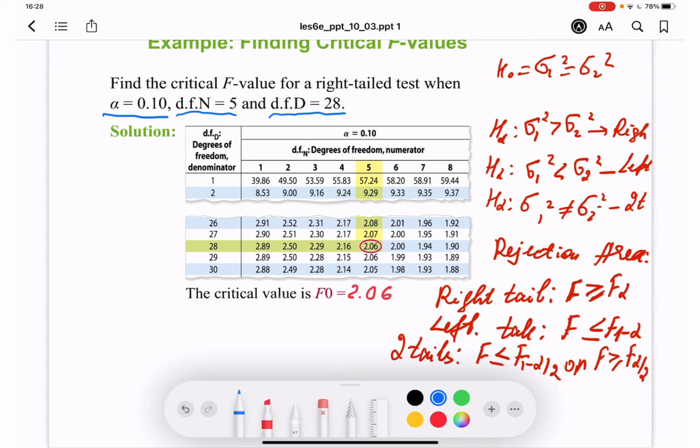How are we going to do it? As we know, they are paired, because they affect each other. So just like in the t-test, we used the degree of freedom for the smaller sample size, right? In our case, the degree of freedom is 5, so we had 6 and 29.